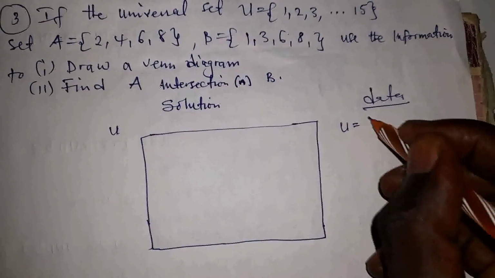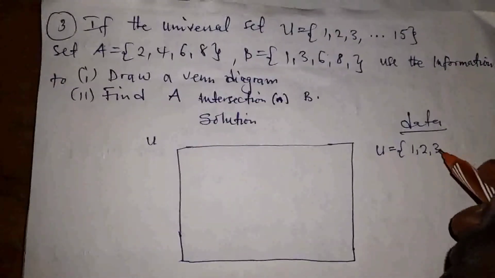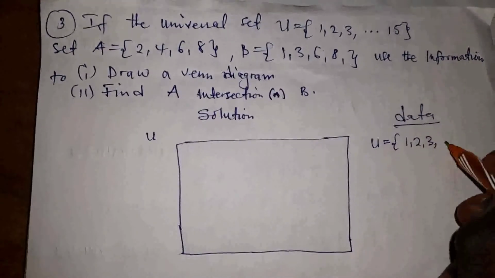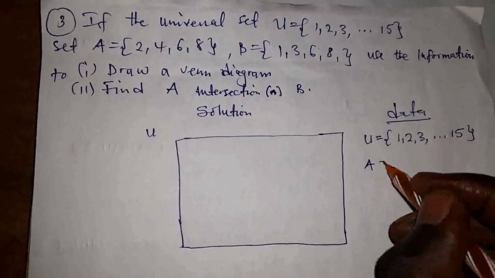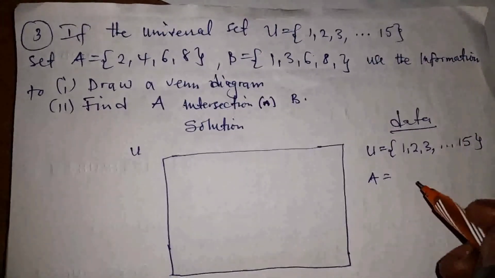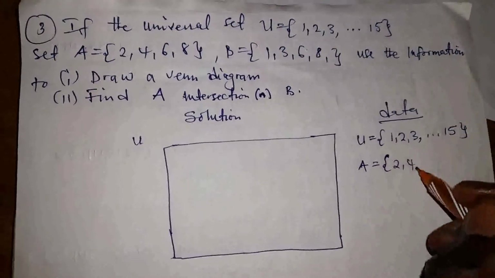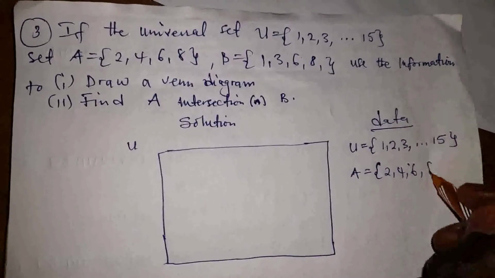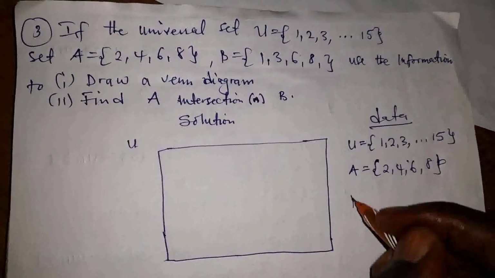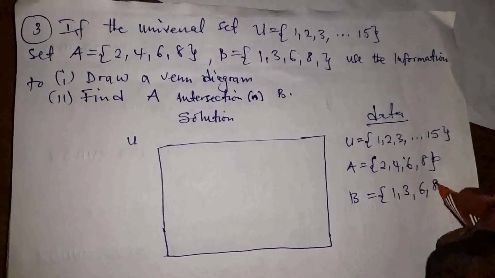Universal set U is 1, 2, 3, and it goes to 15. Set A, what do I have for set A? 2, 4, 6 and 8. Set B, I have 1, 3, 6 and 8.